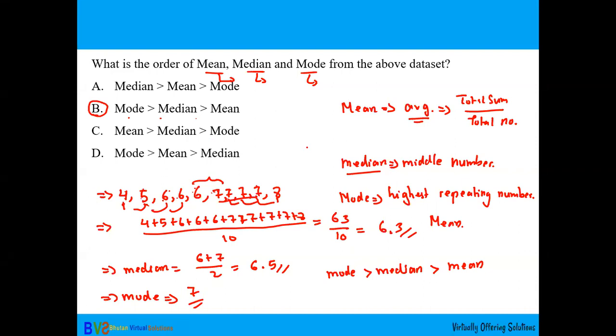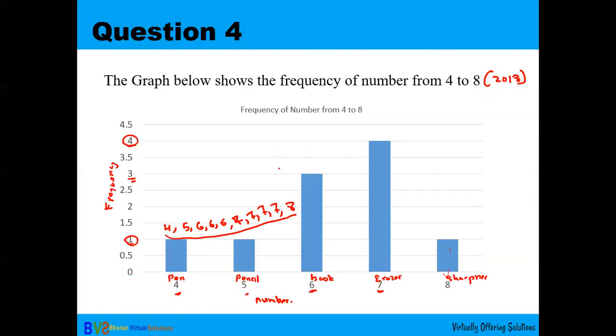Now, I used the data set, but you can also directly solve it from the graph. The mode you can directly see from the highest bar, which is 7. So mode is 7. What about the average?